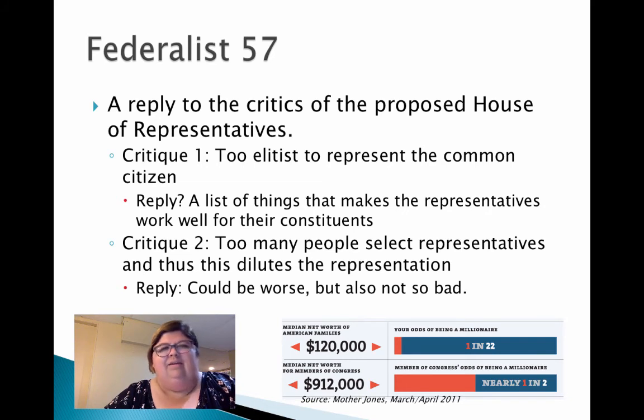And finally, and this one might be the hardest to believe, the Federalists have a lot to say about Republican honor, and the Anti-Federalists did too. But they say that when all else fails, people who are called to public service will have this Republican honor.